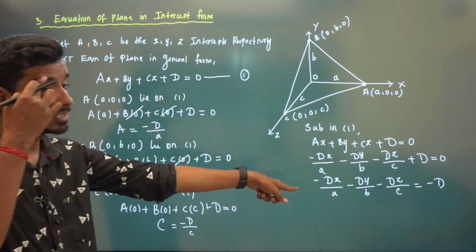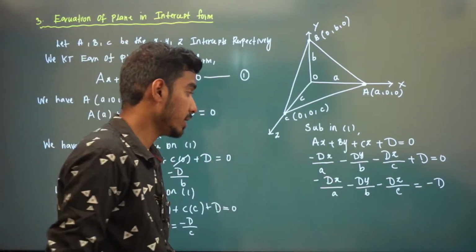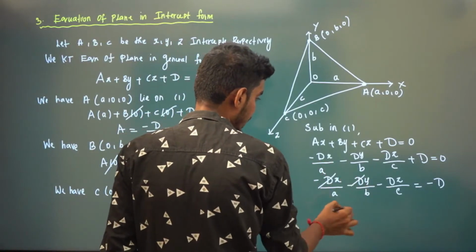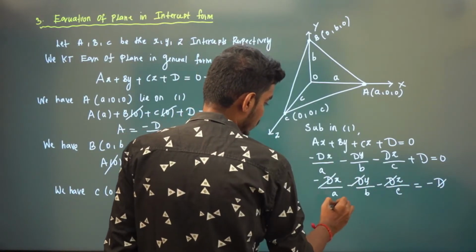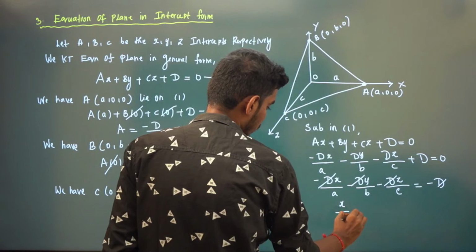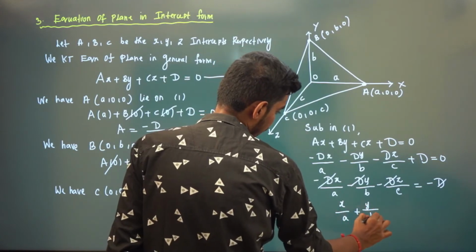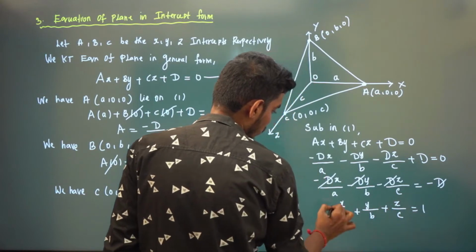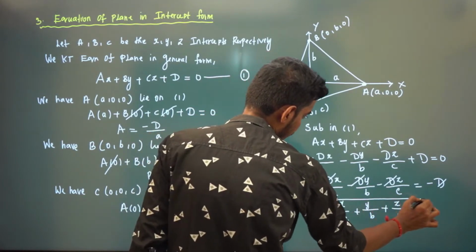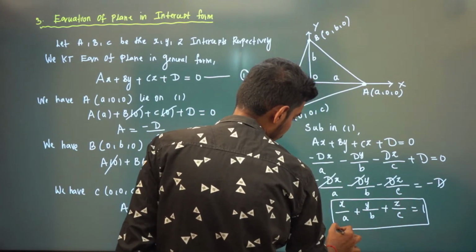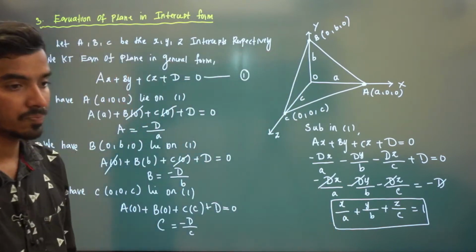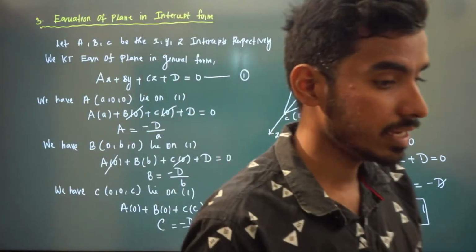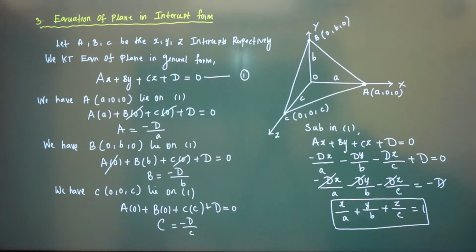Now take minus d common here, and cancel minus d. So we have x by a plus y by b plus z by c is equal to 1. So this is the equation of plane in intercept form where a, b, c are intercepts, right?